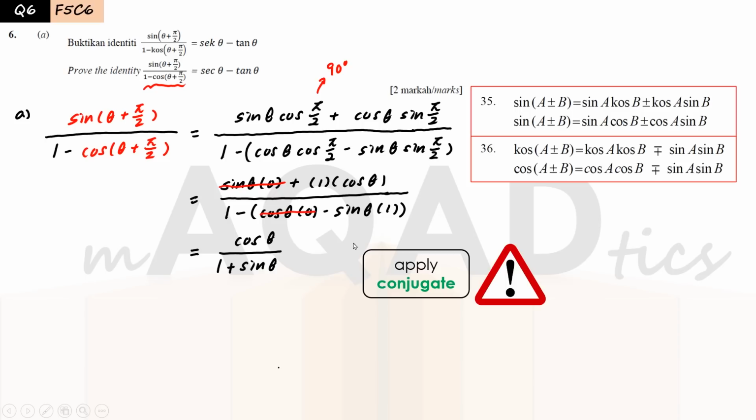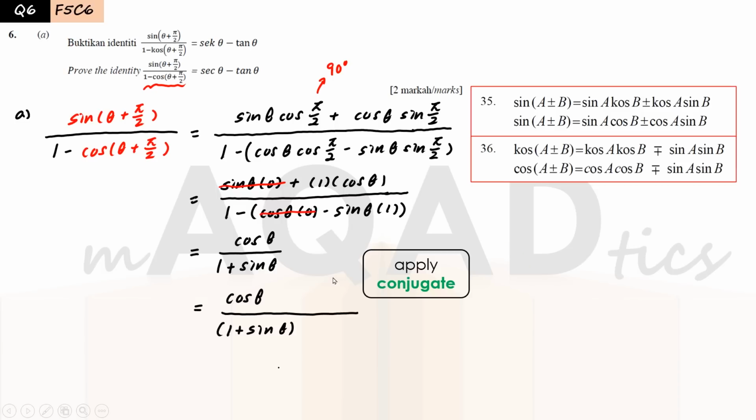So for this one, why we need to apply conjugate is because if you look at the numerator, it's just one thing, which is cos theta. But here, there is no fraction and there are two things. So we need to multiply something to have two things here. Okay, which is why we need to apply the conjugate.